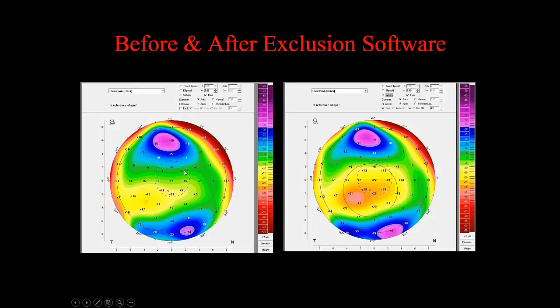Here's a before and after. This is using the standard best fit sphere. That's the 8mm zone right here. And notice, if you see this, it's an astigmatic pattern. There's a little hint of maybe a beginning of an island here, but notice what happens when we use the enhanced reference surface. That little area becomes much easier to identify.